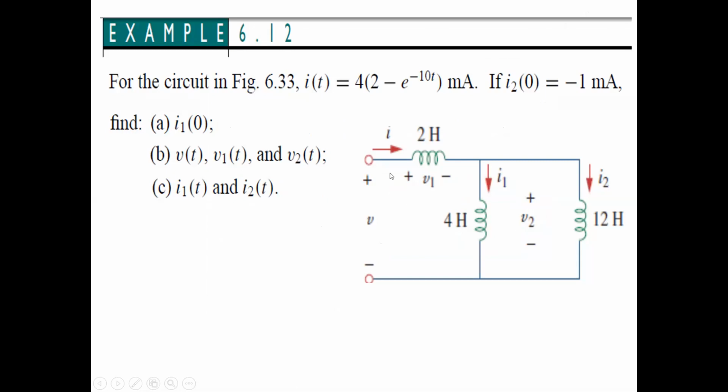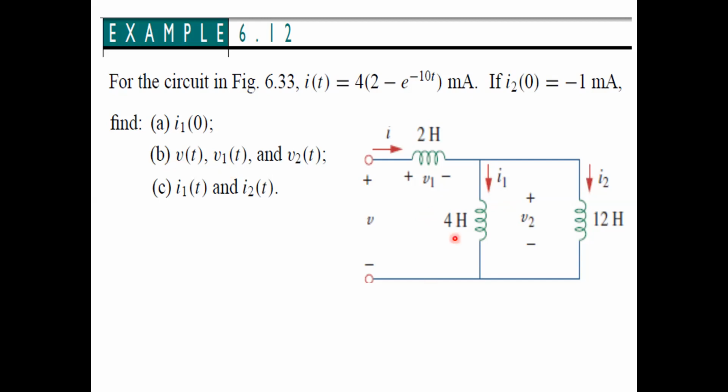For the circuit in figure 6.33, the total current IT is 4 into 2 minus e raised to the power minus 10t. If I2(0), the initial value of the current flowing through the 12 Henry inductor, is minus 1 milliampere, find I1(0), the initial value of the current flowing through the 4 Henry inductor.